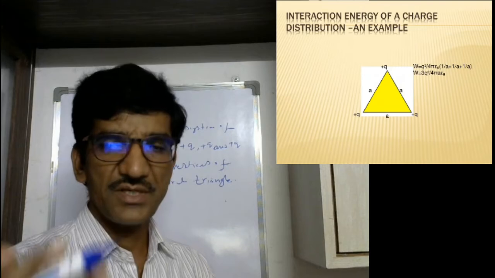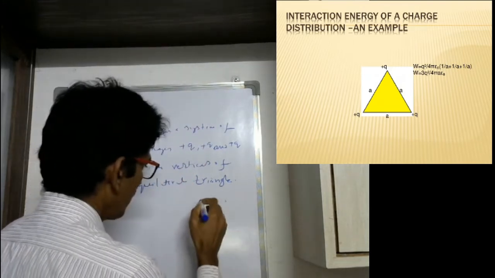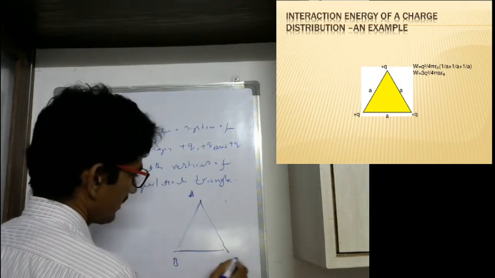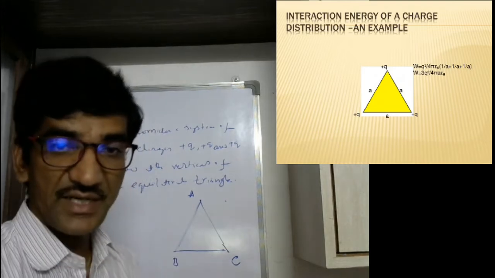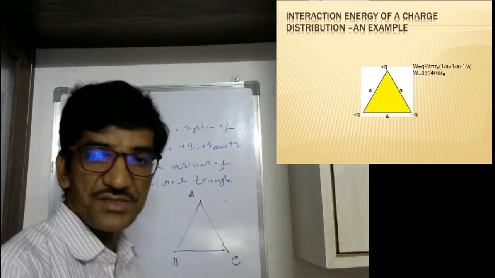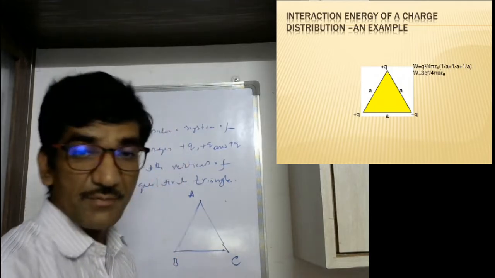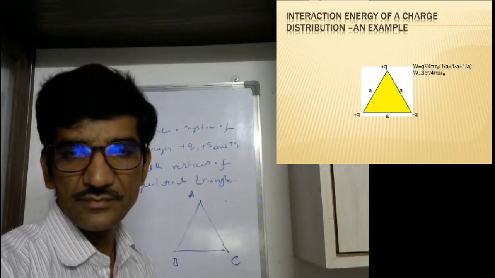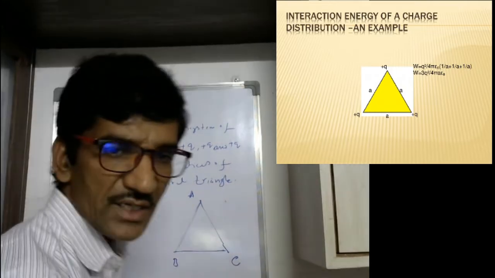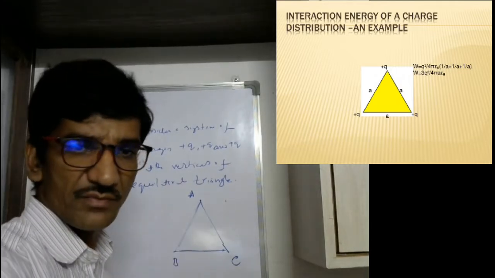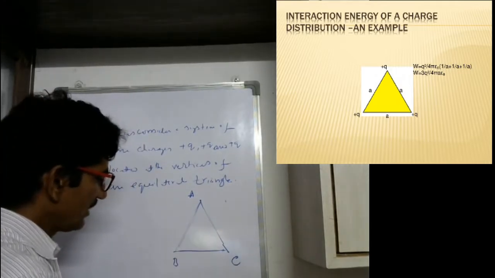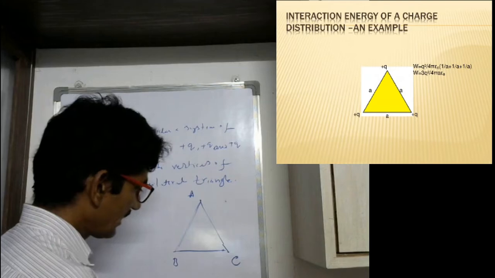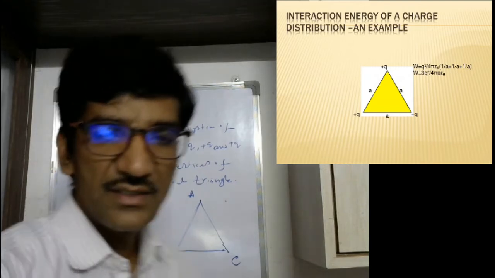If you consider the first vertex as A, this is B, this is C. At each vertex you have a plus q charge. So how many pairs are there? Here you have AB, BC and CA pairs of charges.